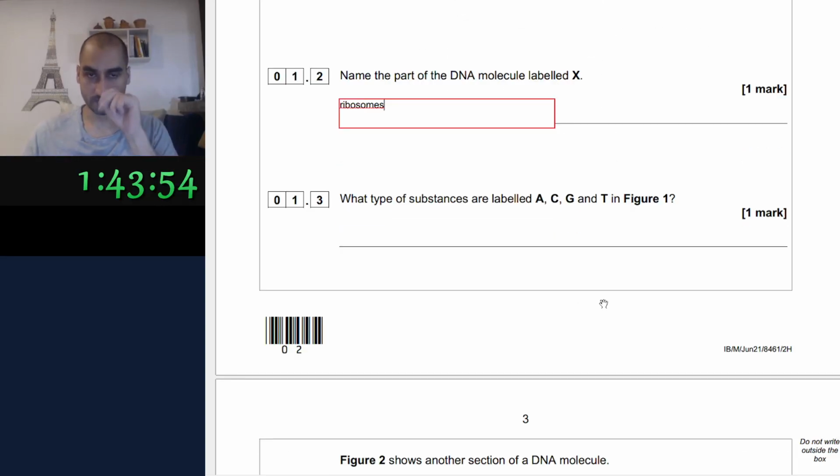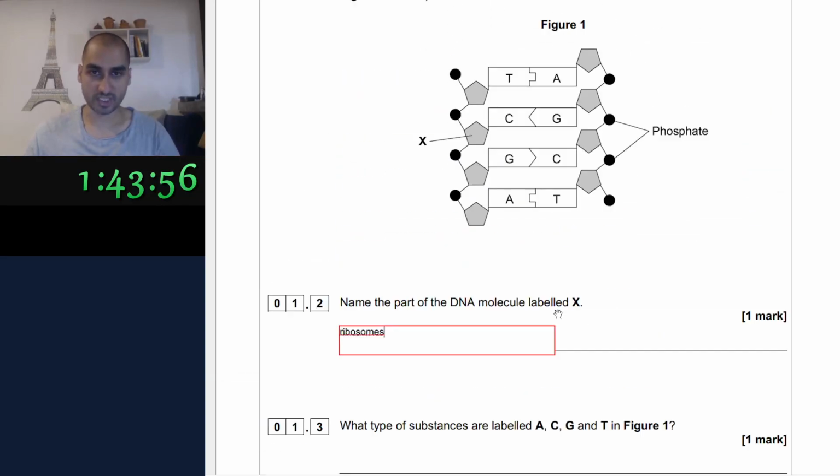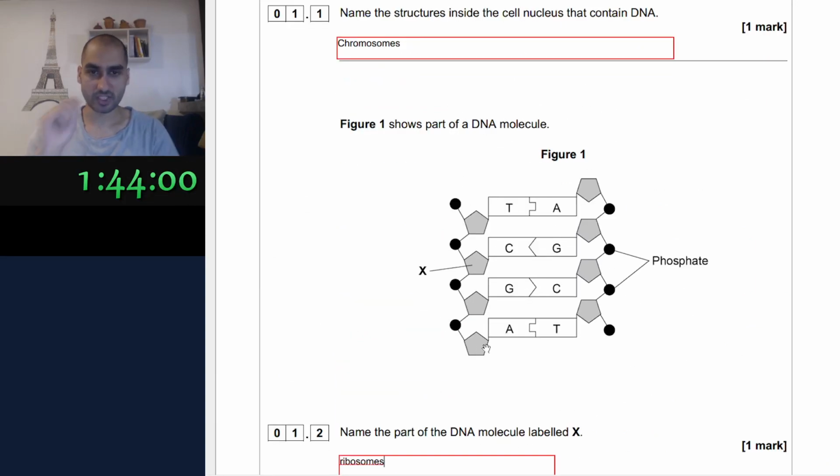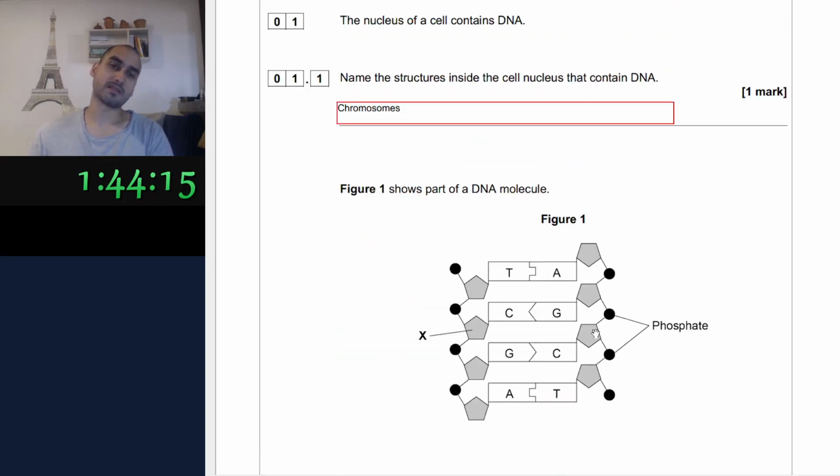Okay. What type of substances are labeled A, C, G, and T? Oh, this one I should know. It should be general knowledge. What type of substances?